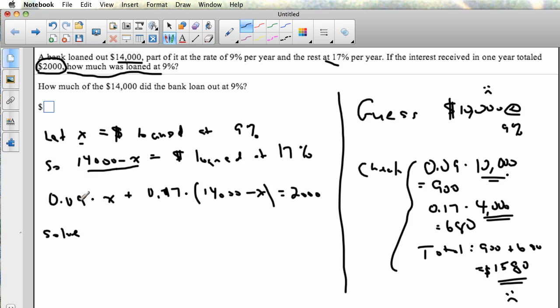To do that, I'm going to first multiply this out, since it's unsimplified. I need a calculator to figure out that 0.17 times 14,000 is 2,380.